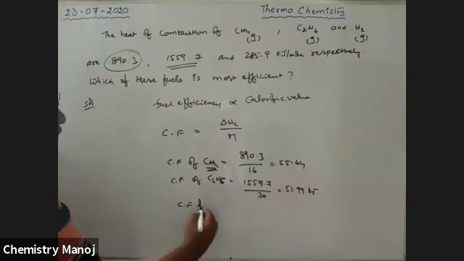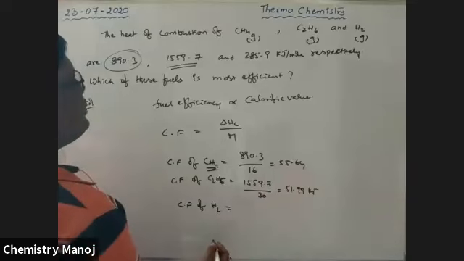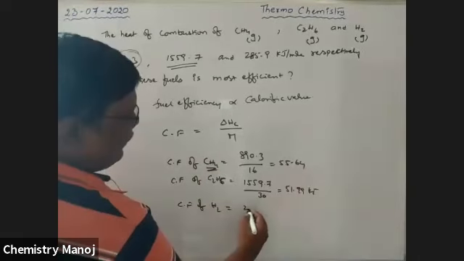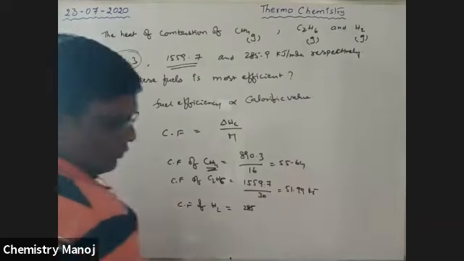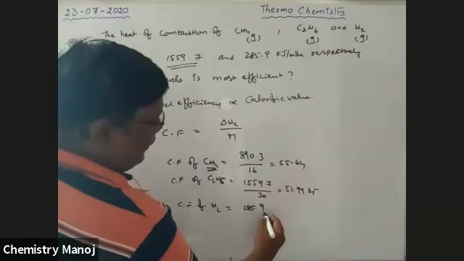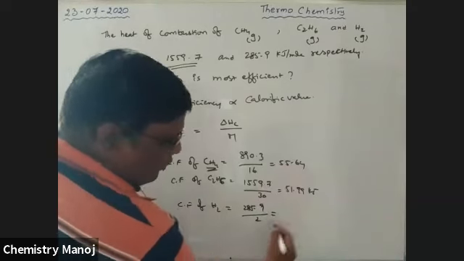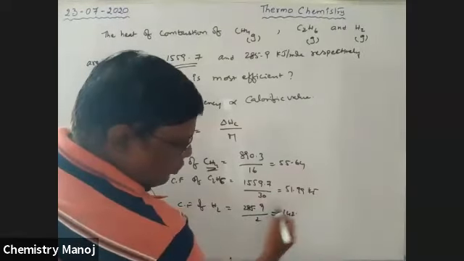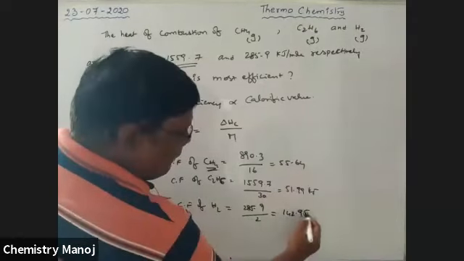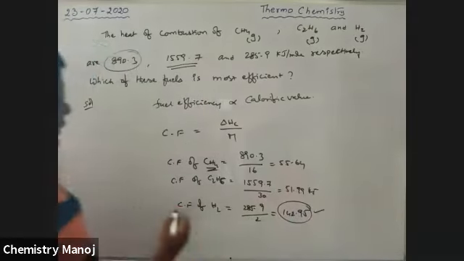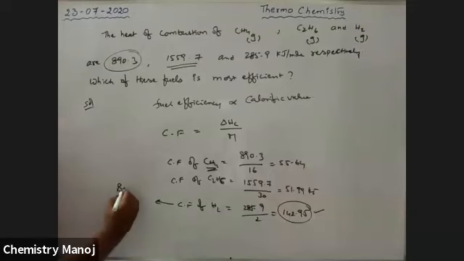Next, calorific value of hydrogen H2 is 285.9 divided by 2, which is equal to 142.95. So this is the highest value. This is the best fuel.